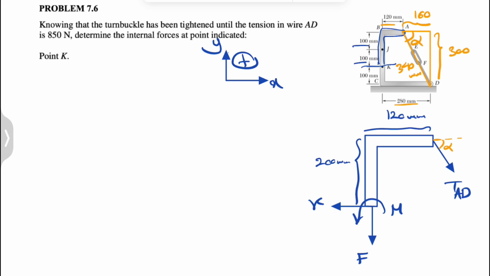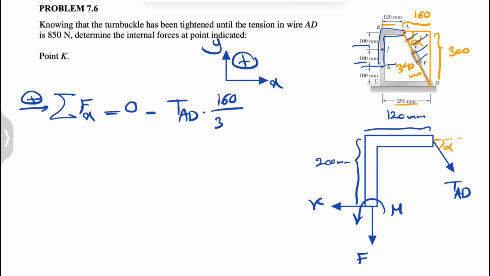So now we are good to go to do our equilibrium equations for the free body diagram of this section of this frame. Sum of all forces in x equals 0, and this will be our positive x. So we're going to have TAD cosine of alpha, and if you look at this right triangle, cosine of alpha would be 160 over 340, minus V is equal to 0.